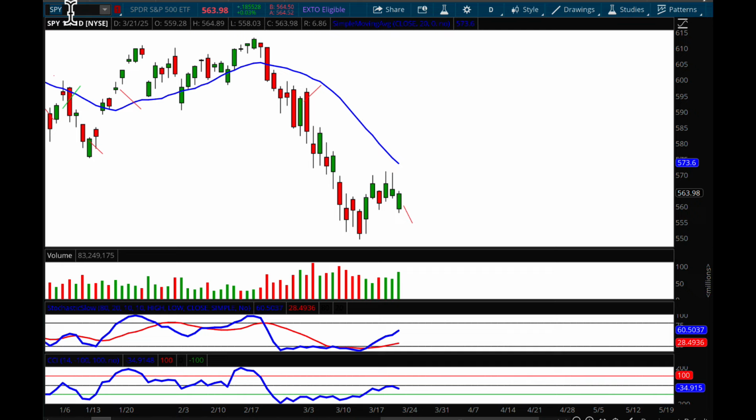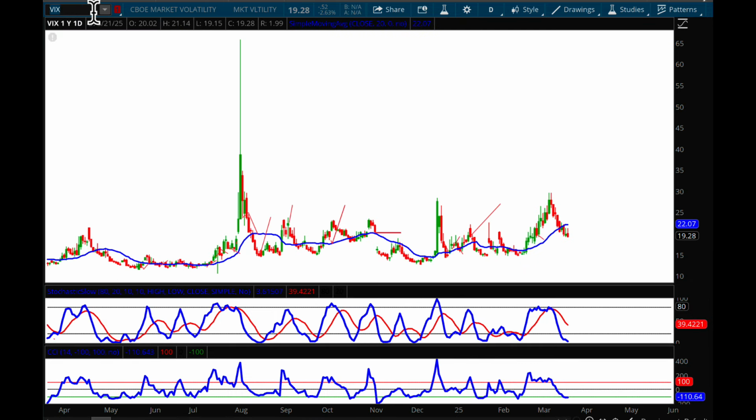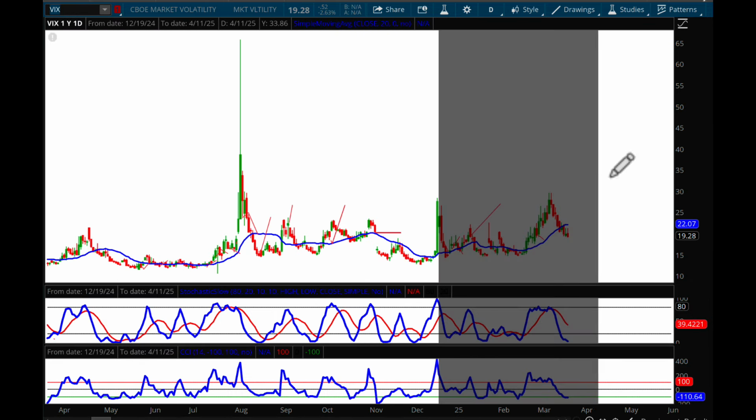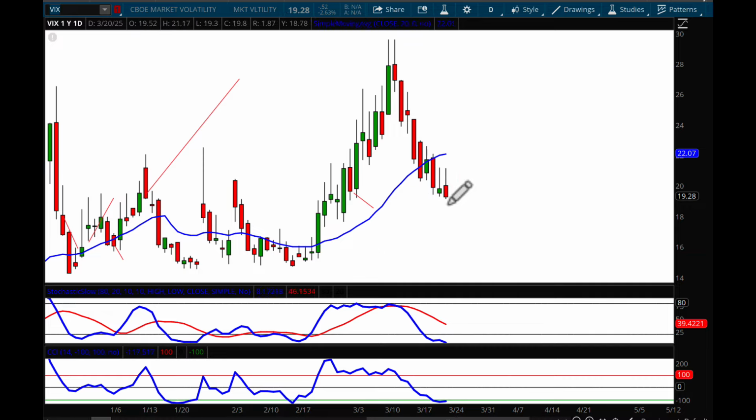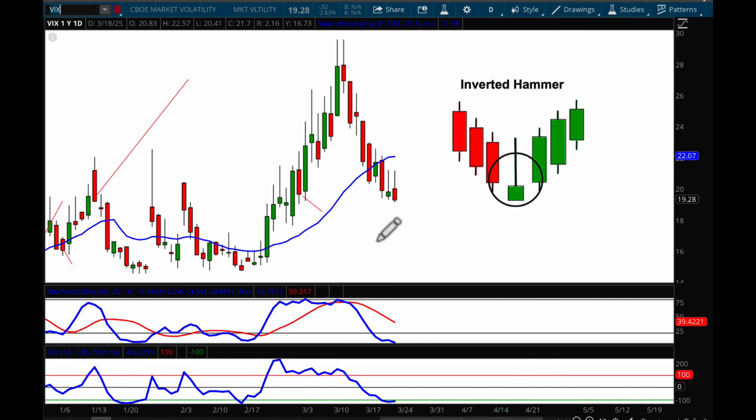All right, let's take a look at the VIX. And if you hang on, I'm going to look at Bitcoin and silver for you. Now, this is a little bit more confusing because we have a bearish engulfing candle that's also doubling as an inverted hammer. Now, an inverted hammer is actually bullish when found at the end of a downward leg.